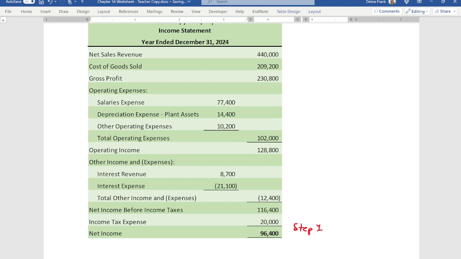And so step two, make ourselves some good notes, add back on statement of cash flows. All right, so that is our depreciation. And then step one was our net income that we needed.